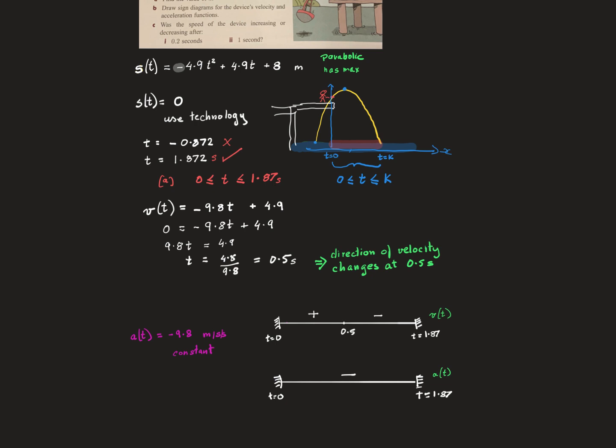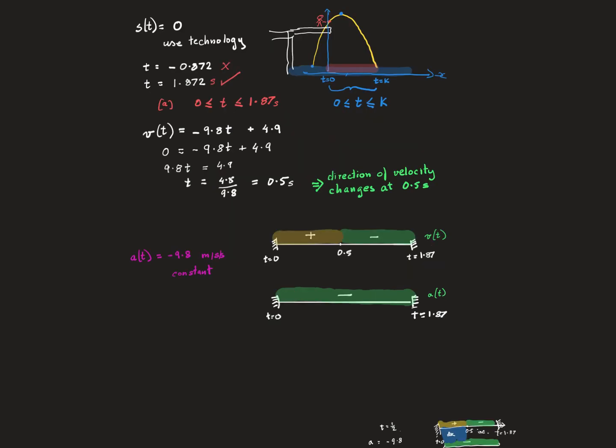Now we want to know whether the speed of the device was increasing or decreasing after 0.2 seconds and after 1 second. So looking at the sign diagram, we are able to have a look where it is decreasing. When the velocity and the acceleration are of opposite sign, we know that the speed must be decreasing.